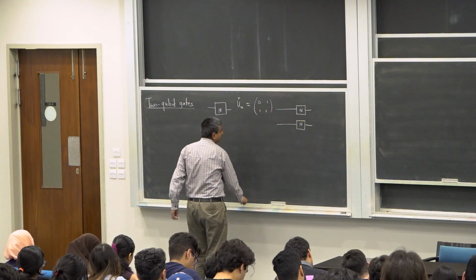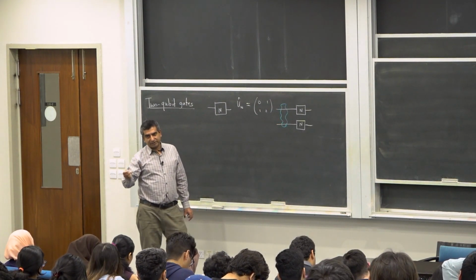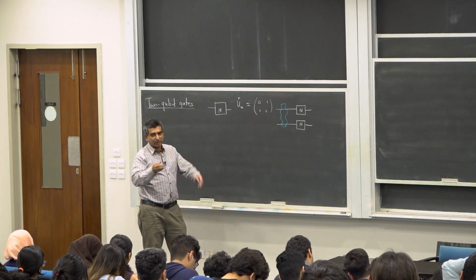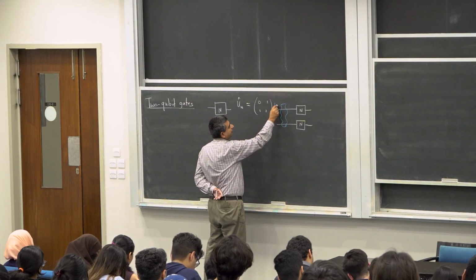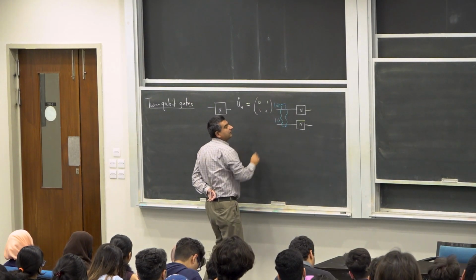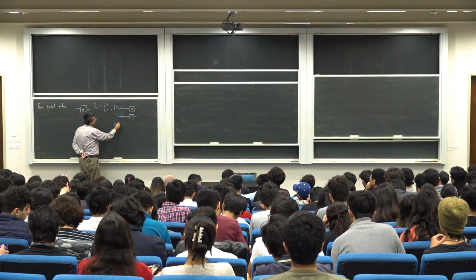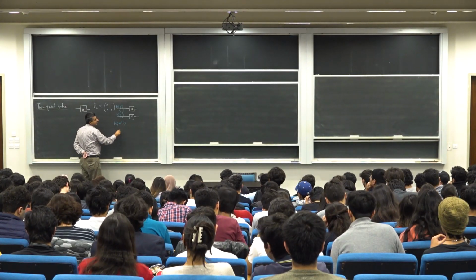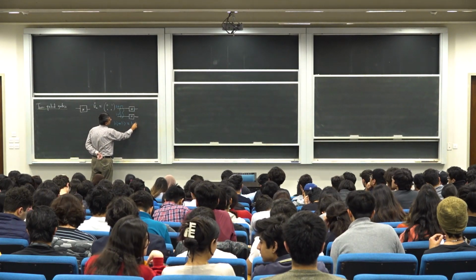So if this input state, which is now a composite quantum system because it has 2 qubits, were such that this is ket 0 and this is ket 1, we could write this composite state as ket 0 tensored with ket 1, or simply ket 0, 1.